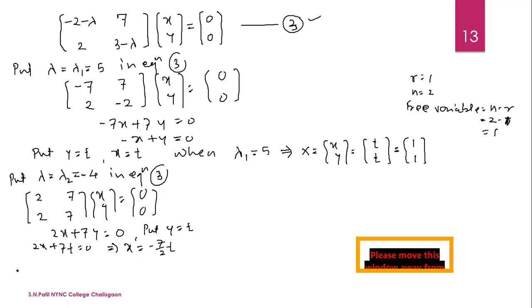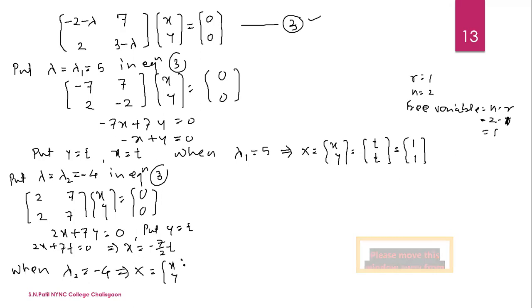Okay, so when lambda is equal to -4, we get its corresponding eigenvector -7/2 t, and y is t.